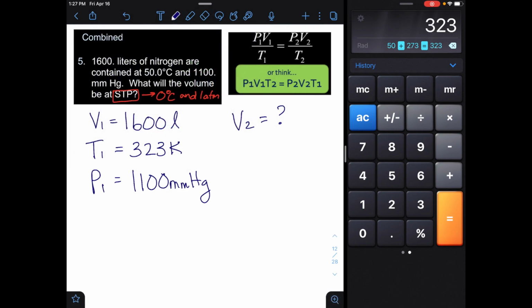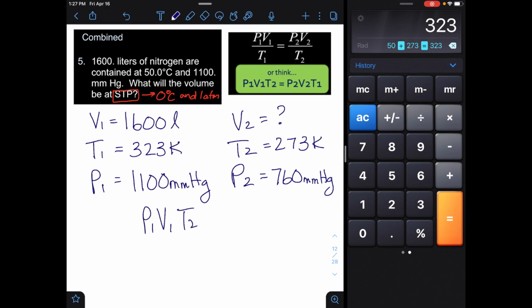So my temperature is going to be in Kelvin. So it's going to be 273 Kelvin. And my pressure, I can't use 1 ATM, I've got to use millimeters of mercury, so I've got to use 760 millimeters of mercury. Make sure everything matches up correctly. I'm going to go ahead and rewrite this. P1 V1 T2 equals P2 V2 T1.